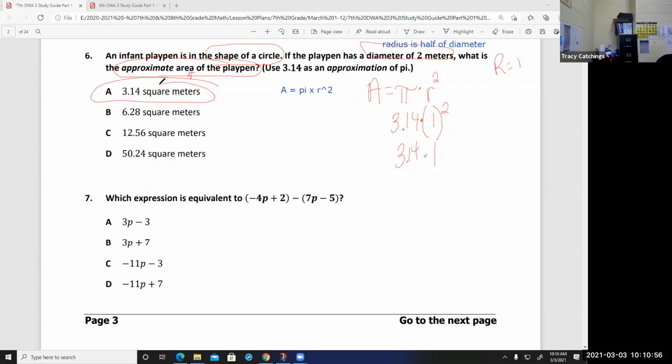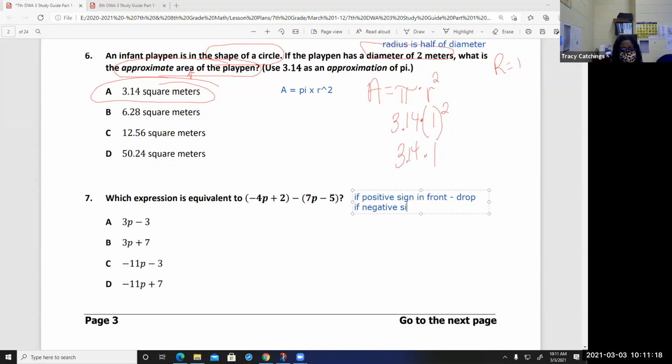All right, number 7 asks which expression is equivalent. Destiny told us to combine like terms. Before we combine like terms, we've got parentheses. What can we do with those parentheses? Can I just drop them? If there's a positive sign in front, I can drop it.